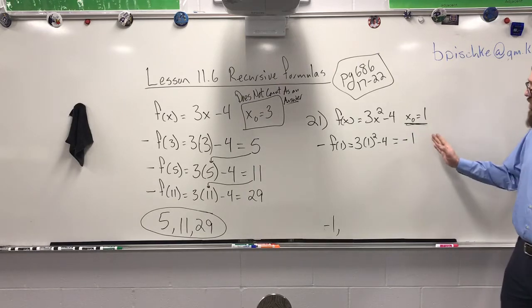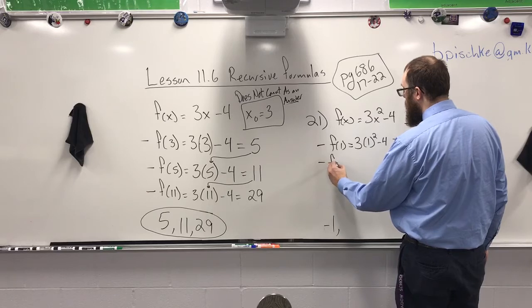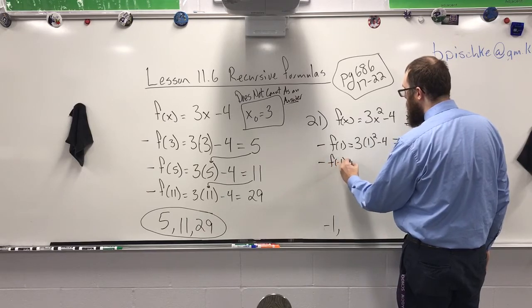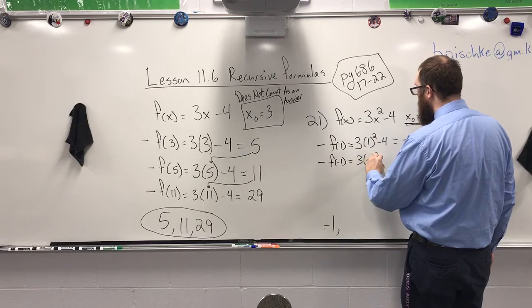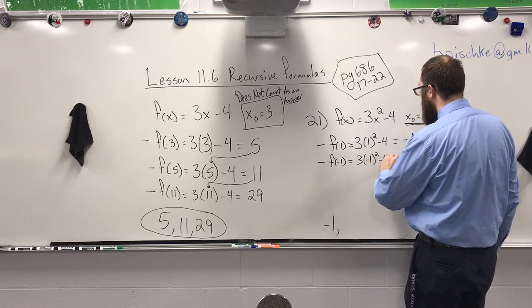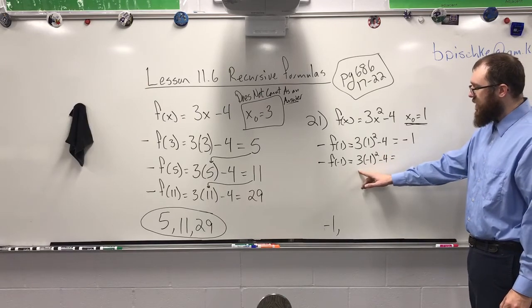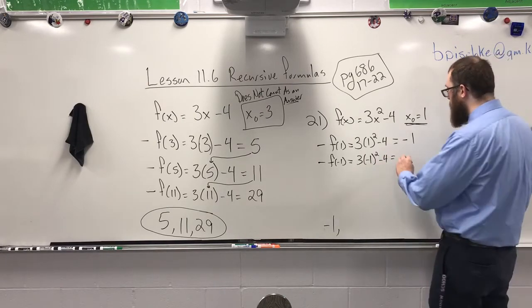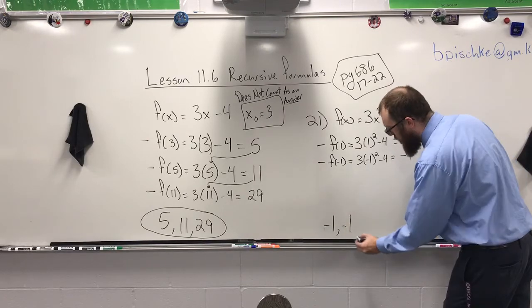Now I'm going to take that new answer and plug it back into my formula. f of negative 1 equals 3 times negative 1 squared minus 4. Negative 1 squared is 1. 1 times 3 is 3. Minus 4 is negative 1. My new answer is also negative 1.